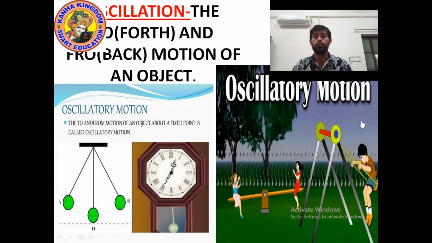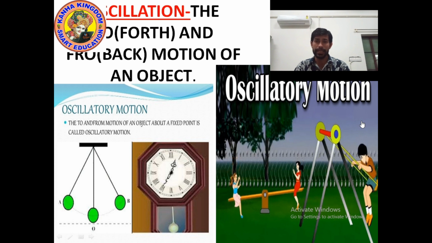So what is oscillation or oscillatory motion? The back and forth motion of an object about a fixed point is known as oscillatory motion or oscillation.